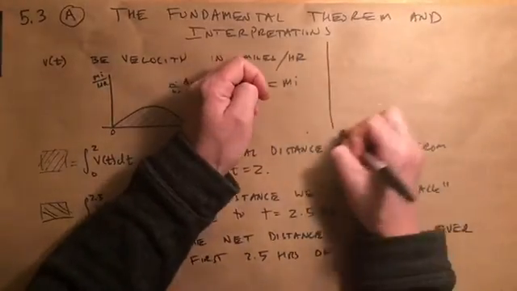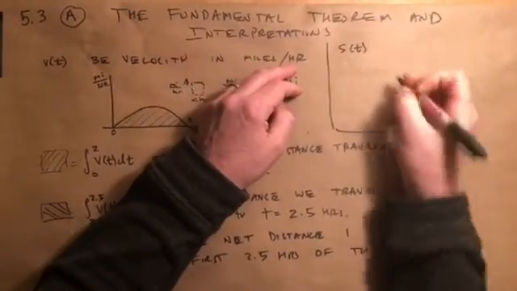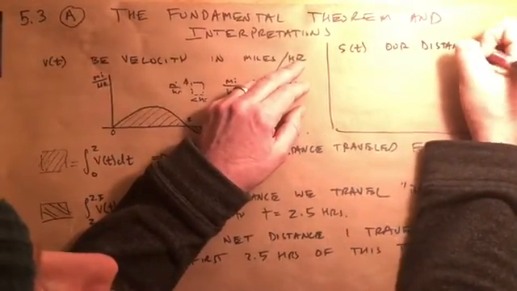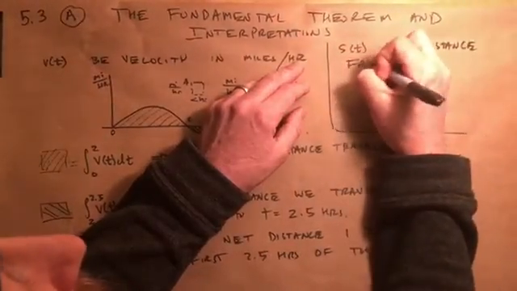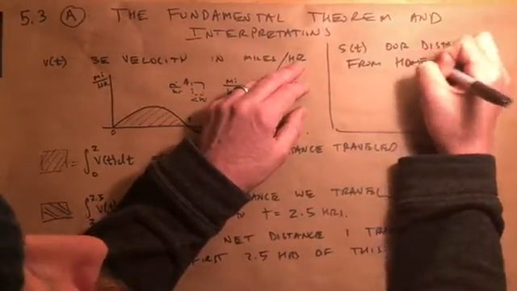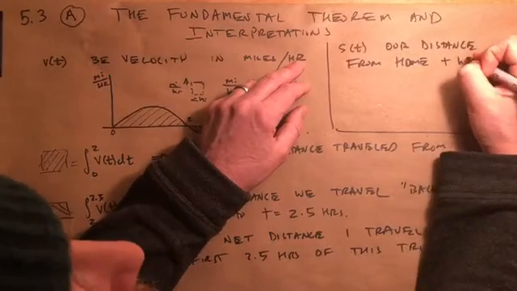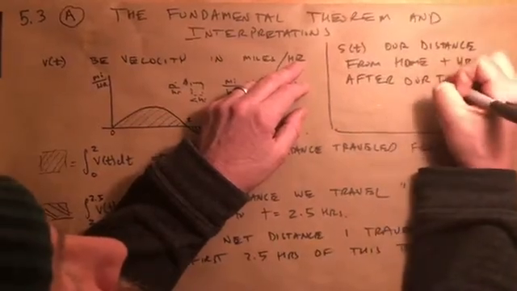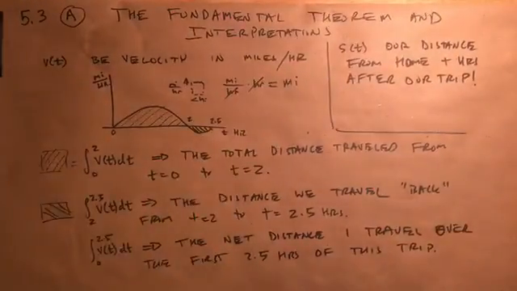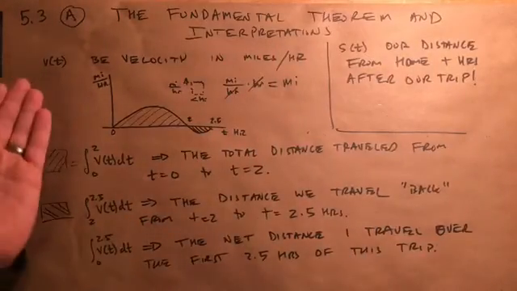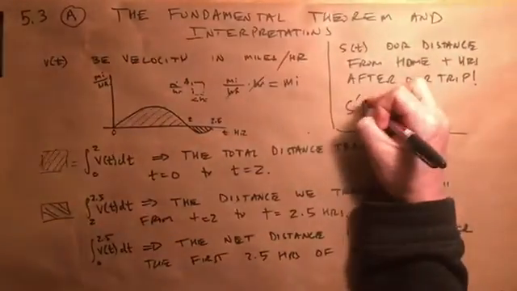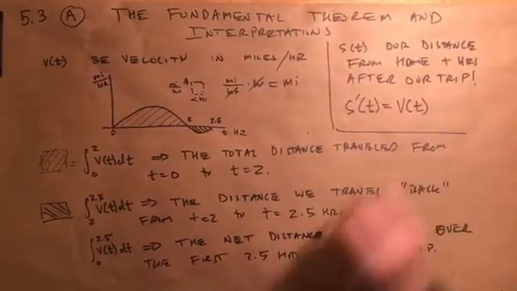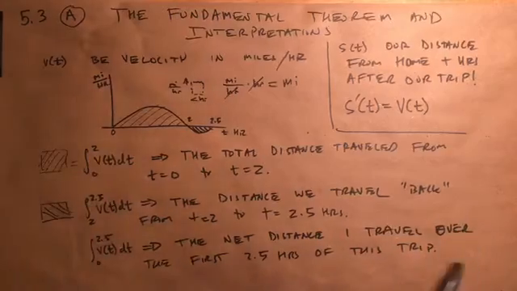If I have s of t, which will be our distance from home, t hours after our trip, well, certainly S has a relationship with V, doesn't it? S prime of t is equal to v of t. Yeah? Derivative, miles per hour, and we have this.